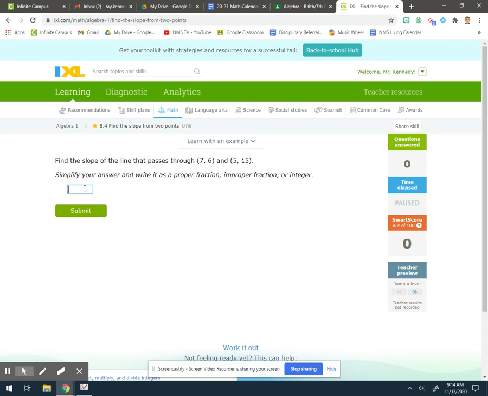All right, so that gives you 9 over, and then your second x minus your first x. 5 minus 7 is negative 2. So negative 2, but is that how we would write that? No, you would say a positive and a negative is a negative, and you would just put your negative out in the front. All right, can I simplify 9 and 2? No, I can't. It's an improper fraction. We leave it as an improper fraction.